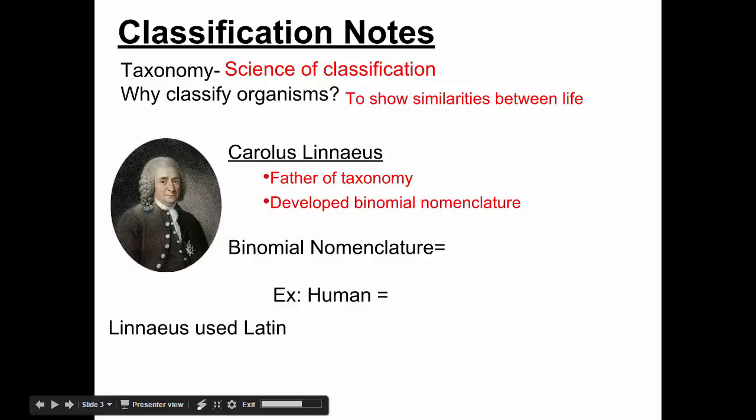What does the prefix bi mean? A bicycle? No? Two. Prefix bi means two. Nomial means name. So it's a two-name naming system. Every species that's been identified by scientists has a two-part name.